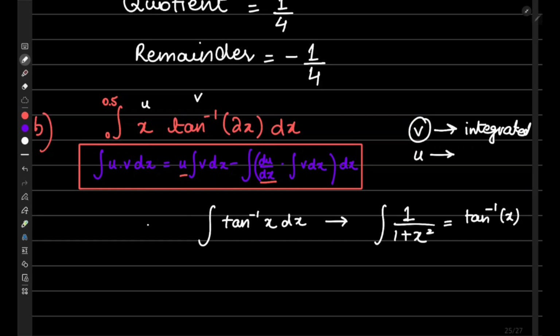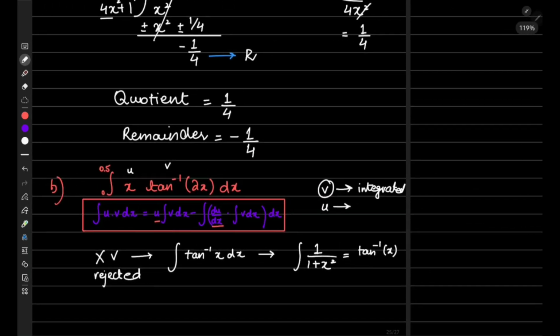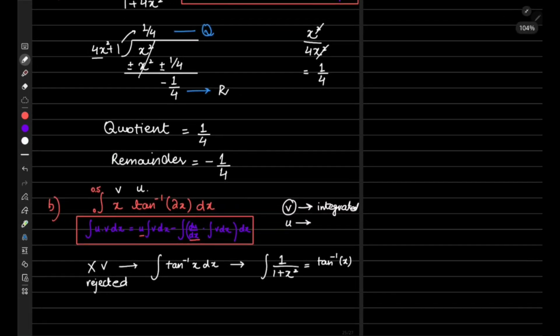So this to be taken as v is rejected. So we have to take tan inverse of 2x to be u and x to be v.